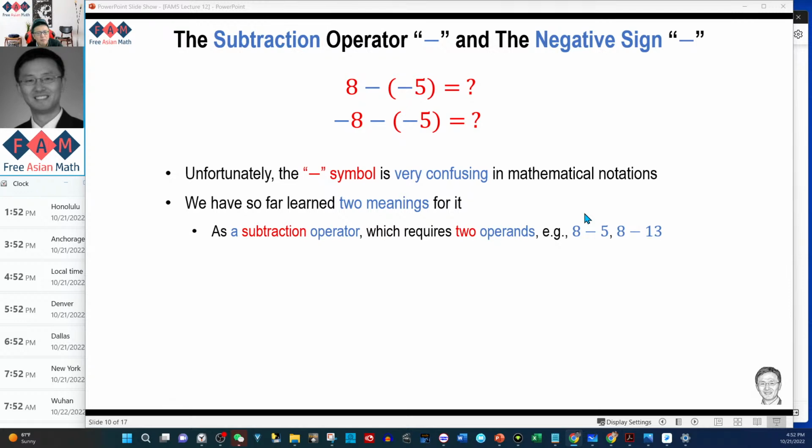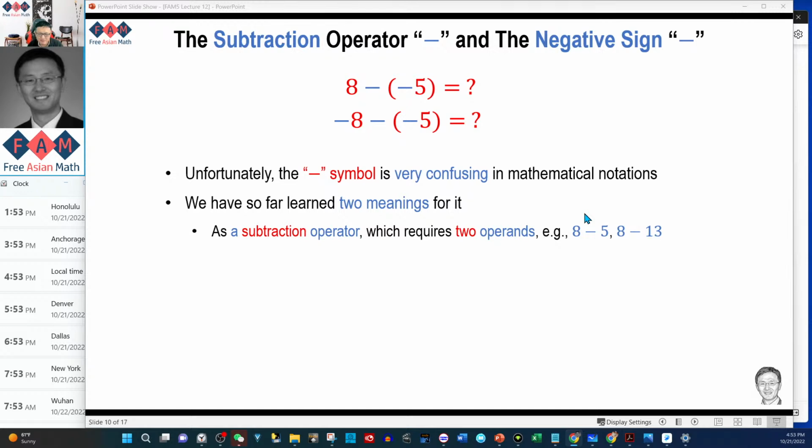And this subtraction operator requires two operands.